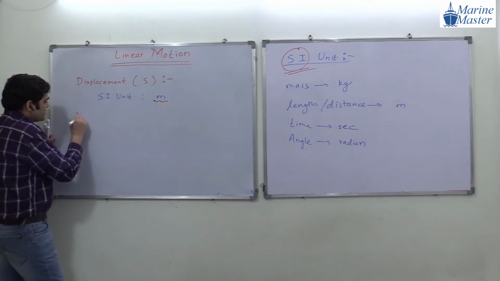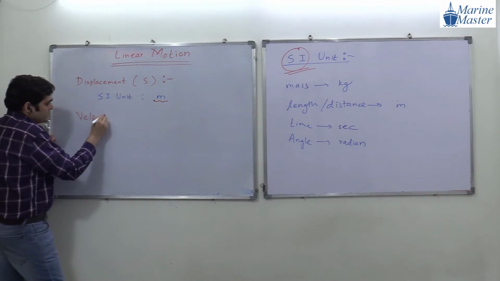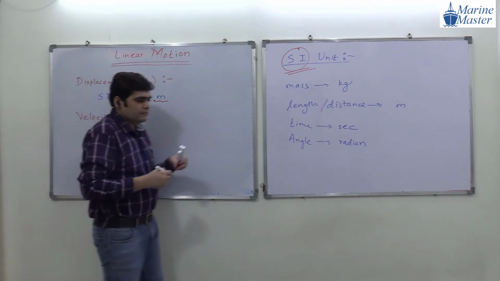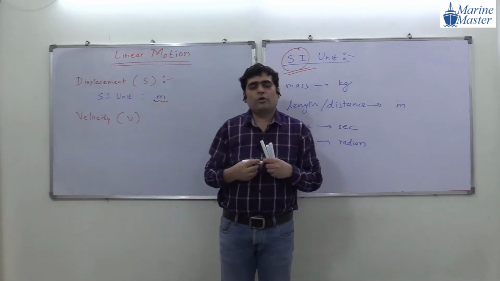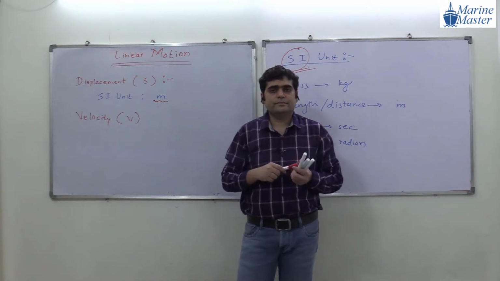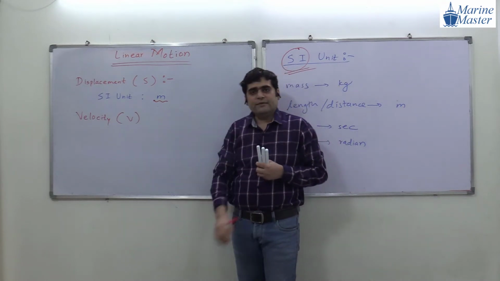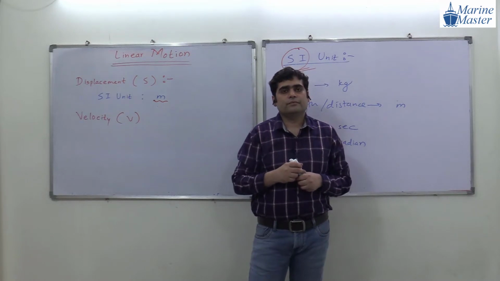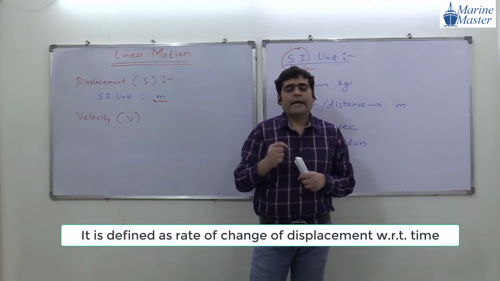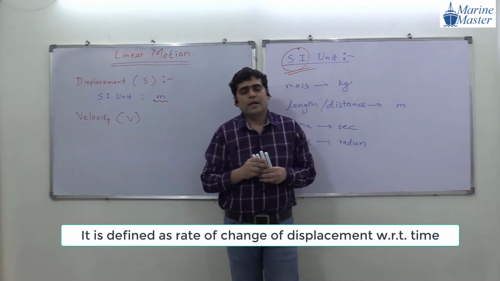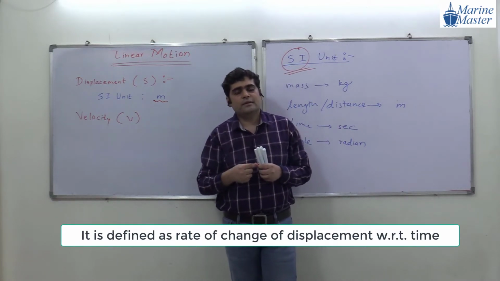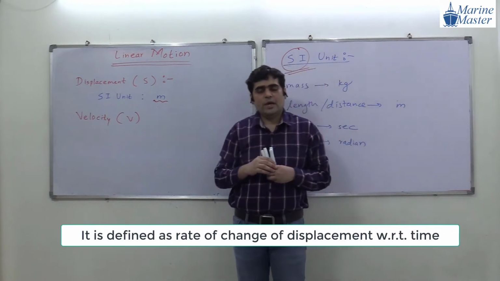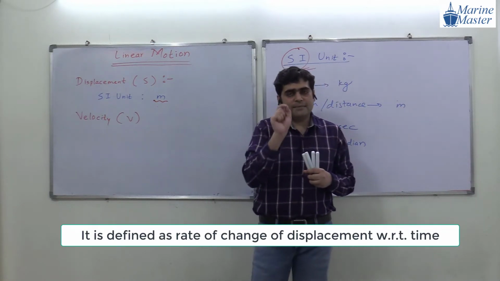Now the next point is velocity. Everyone, give the next heading. Velocity is denoted by small v. Now in velocity, please everyone write down.